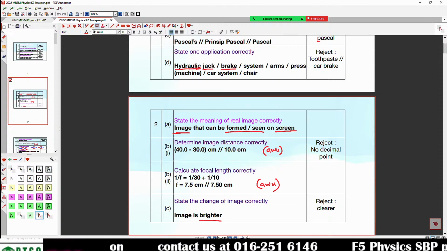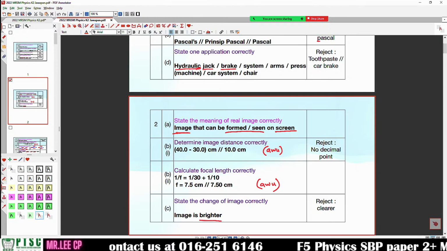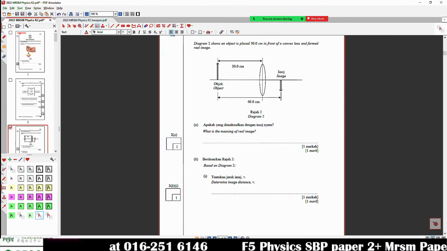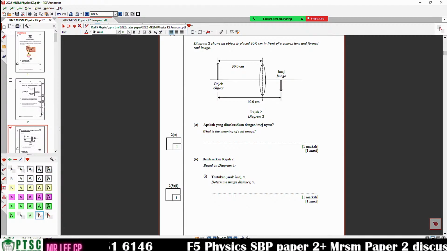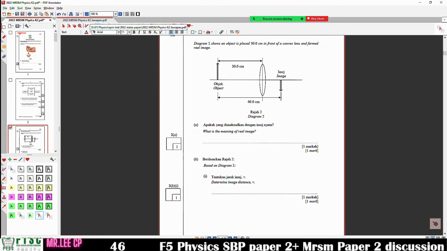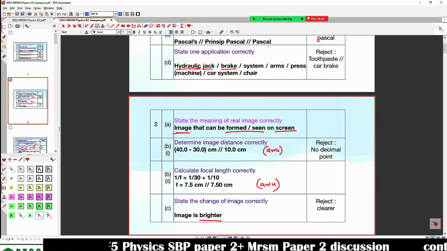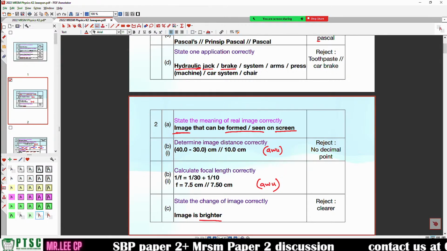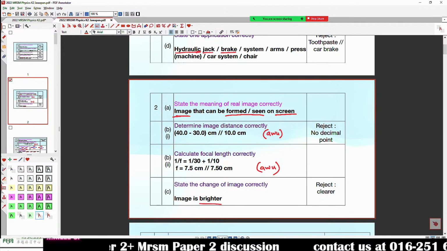See properly, last time it was paper 3 only, now paper 2 also needs to be like that. Don't ask me why. Just follow. Because they gave you 30.0 and 40.0. So in the exam, I advise you to write properly. Rejected, no decimal, rejected. So don't ask me why, no teacher, why I fail. Because you don't follow. All right, the next one.